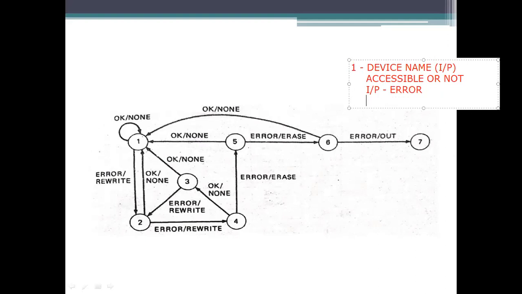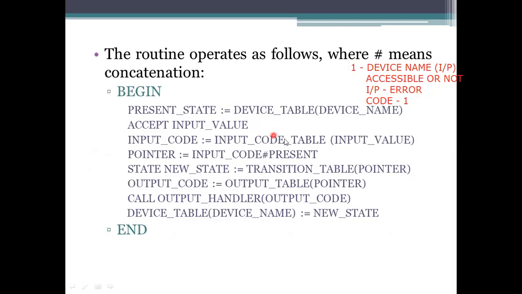And what is the code of the error? Code is equivalent to 1. Okay. And then what we have to do, we need to update these values. So here, how I am going to specify it is, what is the next new state now?